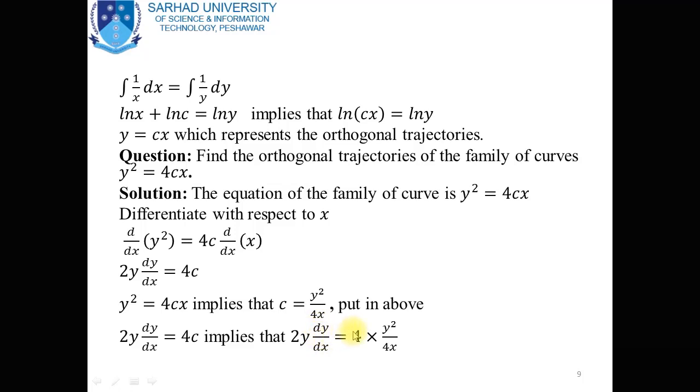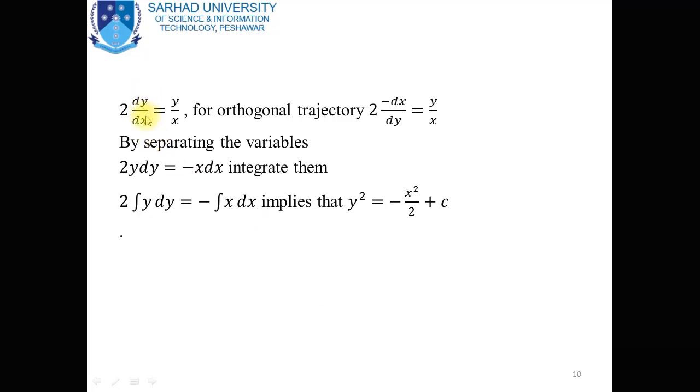But first of all, simplify this differential equation. As I have already told you, the 4 cancels, and dividing both sides by y, we obtain 2 dy by dx is equal to y by x. This is the differential equation of the given family of curves.